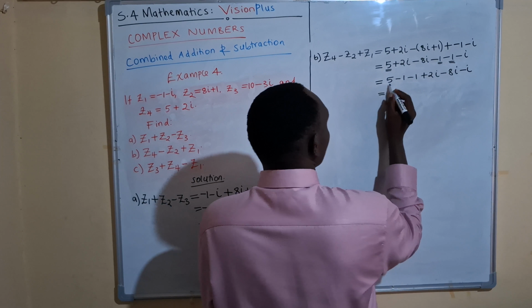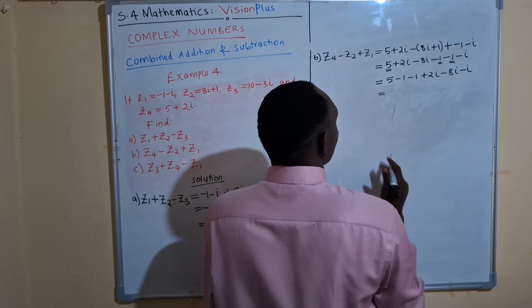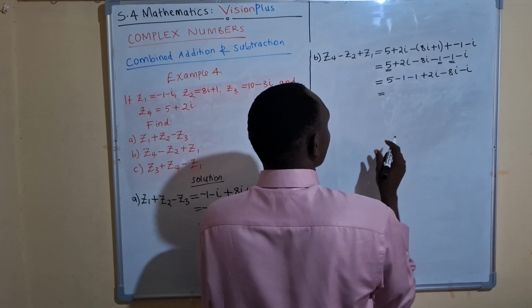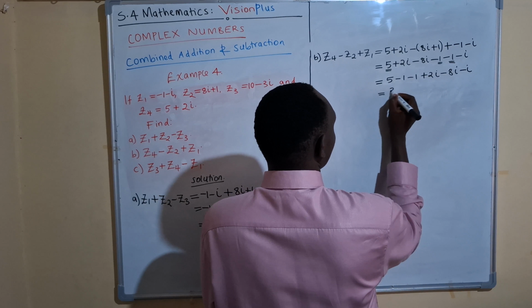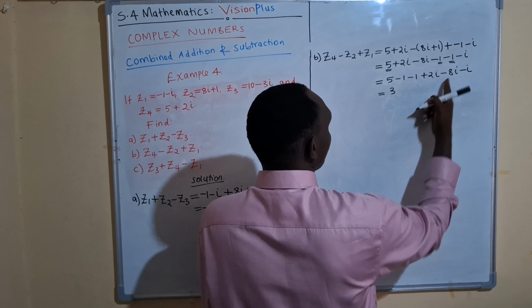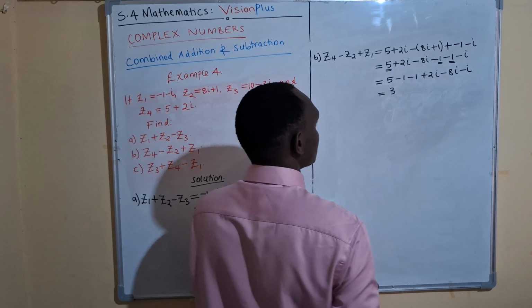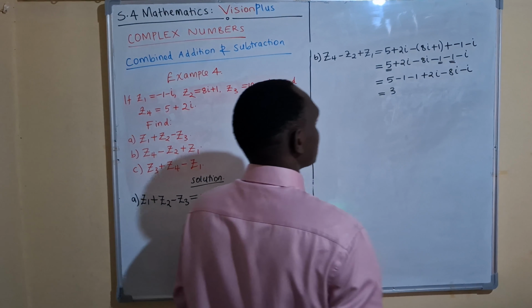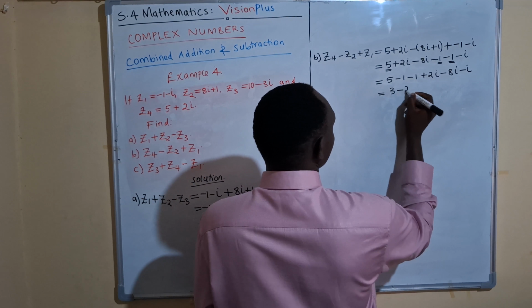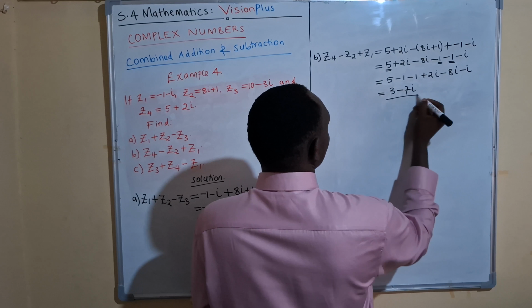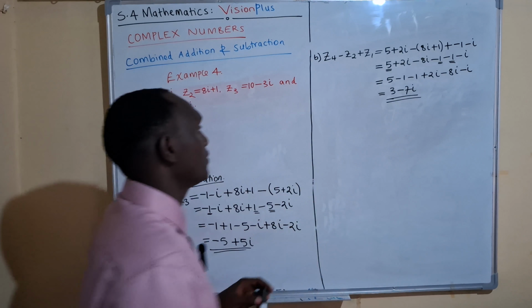What is 5 minus 1? It is 4. Again, 4 minus 1, it is 3. What is 2i minus 8i? That is -6i. -6i minus i gives us -7i. So this is the answer.